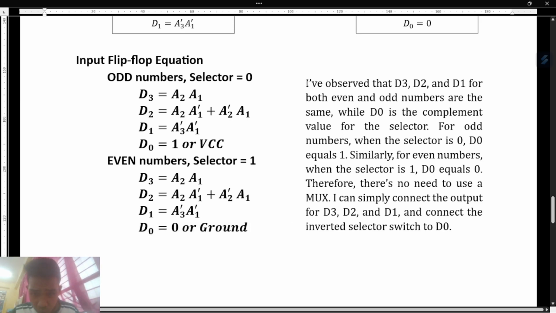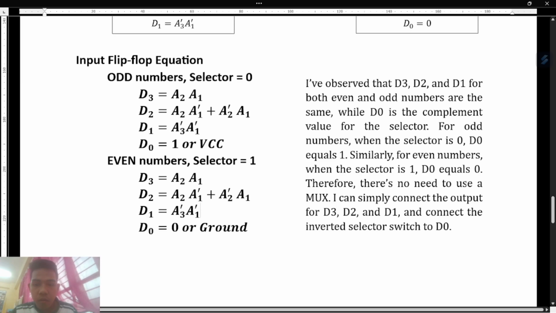So we observe that D3, D2, D1 for both even and odd numbers are the same, while D0 is the complement value of the selector. For odd numbers, when the selector is 0, D0 is equal to 1. Similarly, for even numbers, when the selector is 1, D0 is equal to 0.